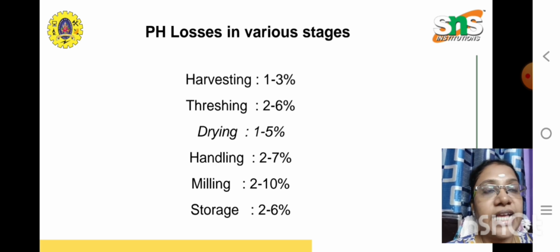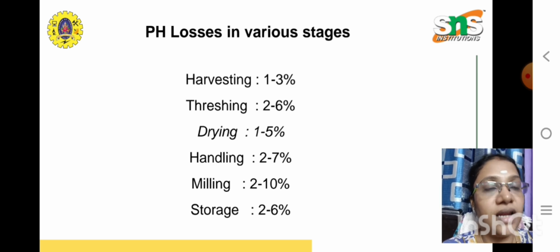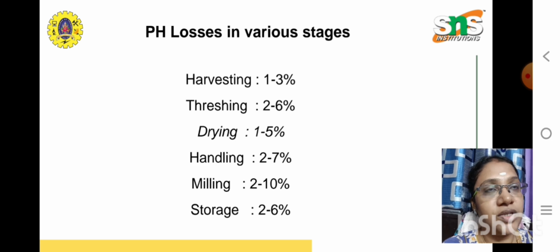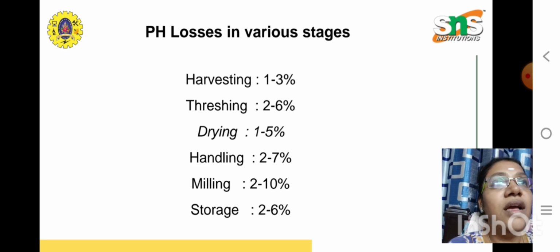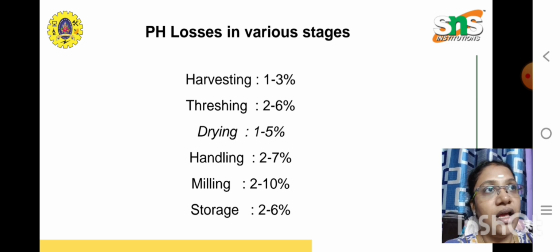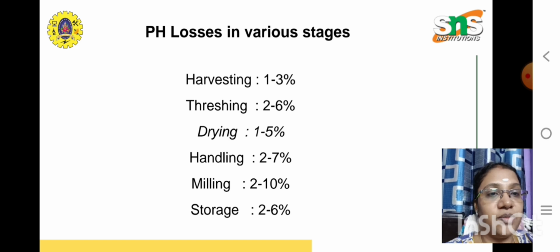And then drying, so we have to make sure that a proper drying technique is adopted in order to reduce the moisture content of the grains. And handling comes under transporting or even handling the grains during the post processing operations. So 2 to 7 percentage of grains are lost during the handling process.